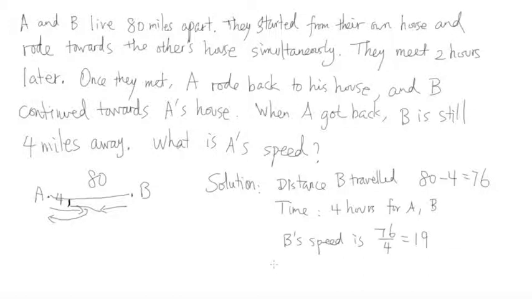Now we're in a situation we can calculate, because we know that A and B meet after 2 hours. So we know the combined speed, because for 2 hours combined they cover 80 miles. So the combined speed is 80 divided by 2 equals 40. Now A's speed is just the difference.